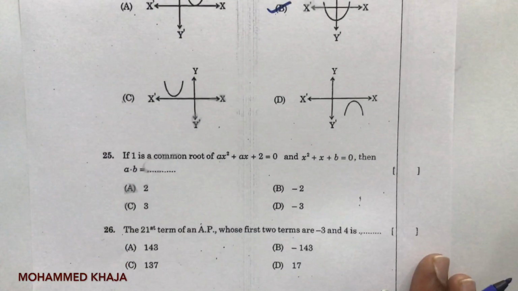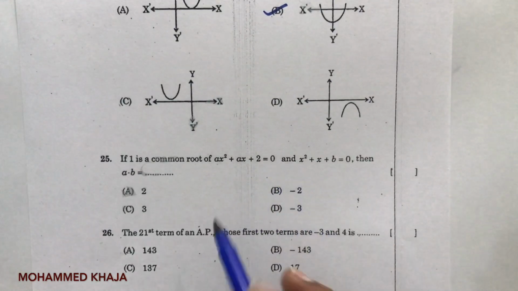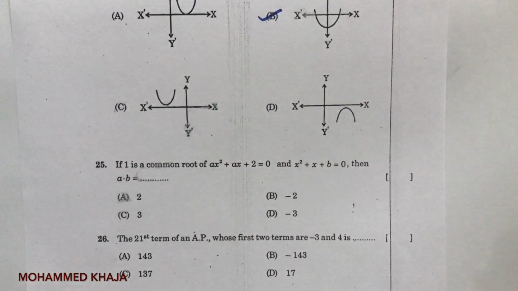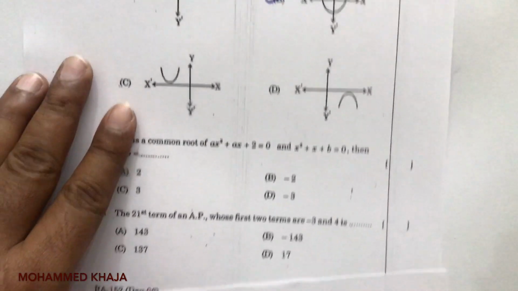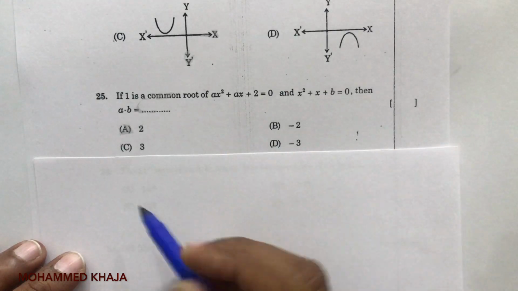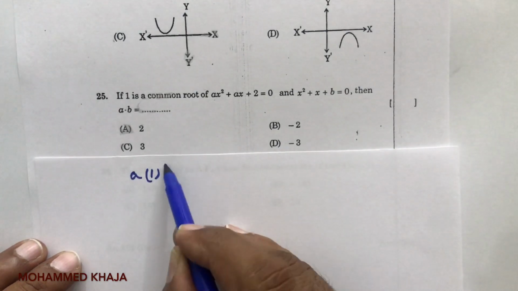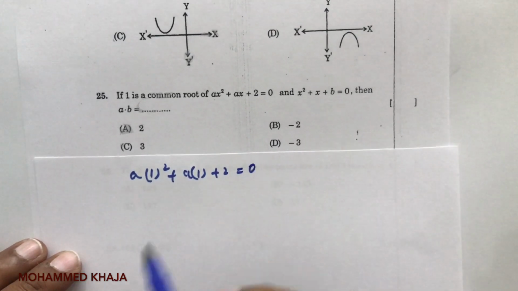Next one. If 1 is the common root of these 2 polynomials, substitute 1 in the first polynomial: a into 1 square plus a into 1 plus 2 equals 0.